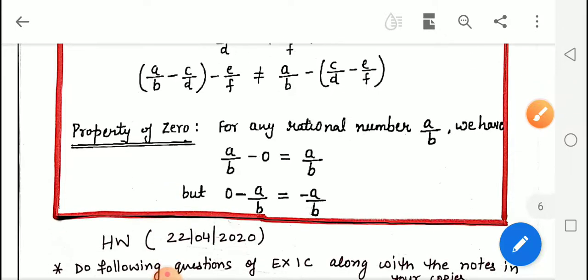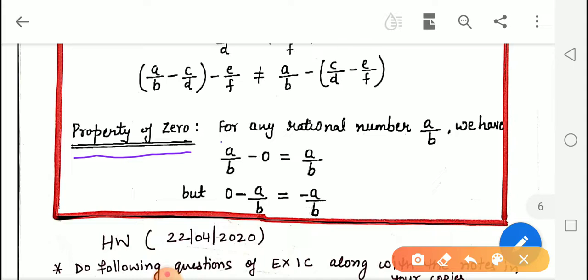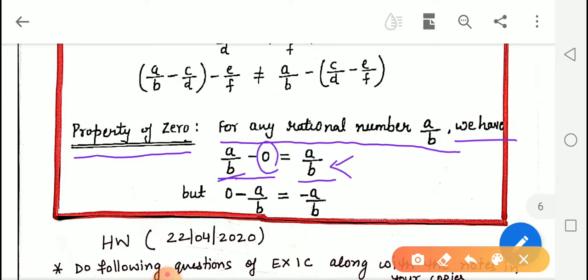Now next is the property of 0. It says that for any rational number a upon b, a upon b minus 0 is the same number. If we subtract 0 from any rational number, the answer will be the same rational number. But if any rational number is subtracted from 0, the answer is the reverse of that number.